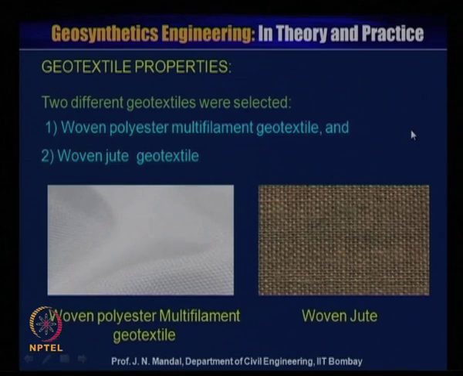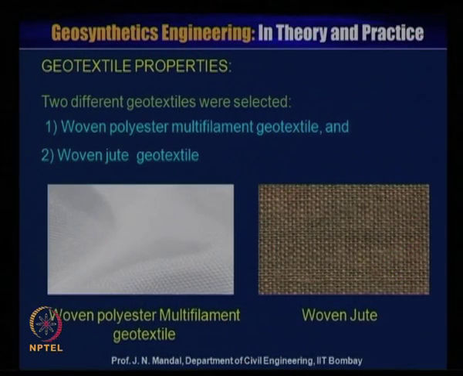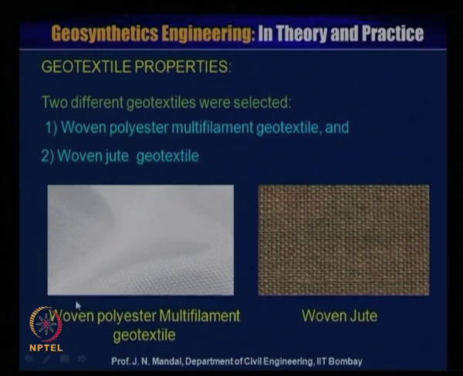Apart from these soil characteristics, we should also understand the behavior of the geotextile properties. So, two different geotextiles were selected: one is the woven polyester multi-filament geotextile and the other is the woven jute geotextile.